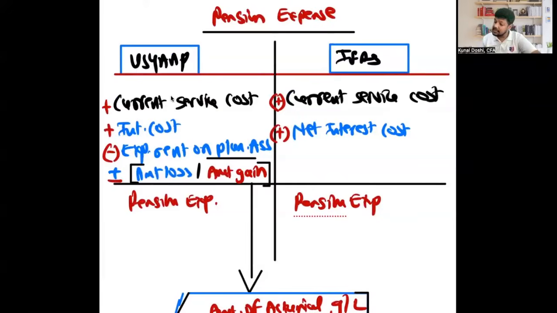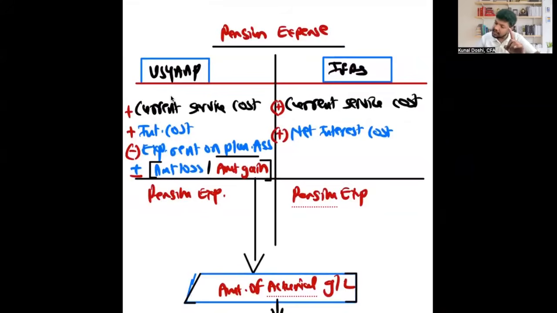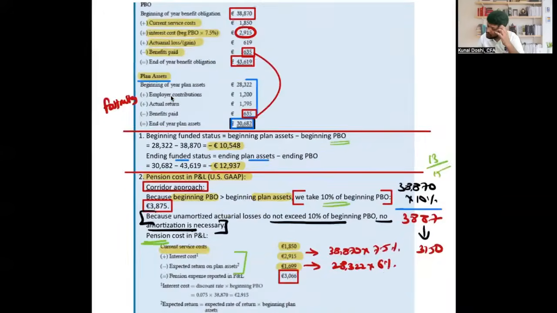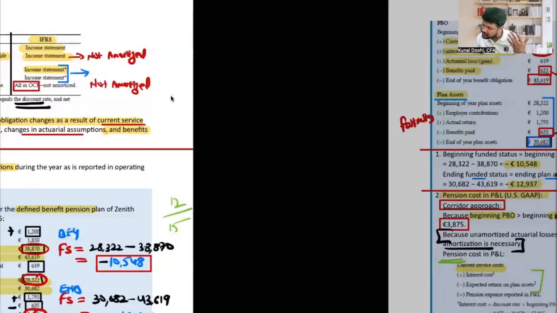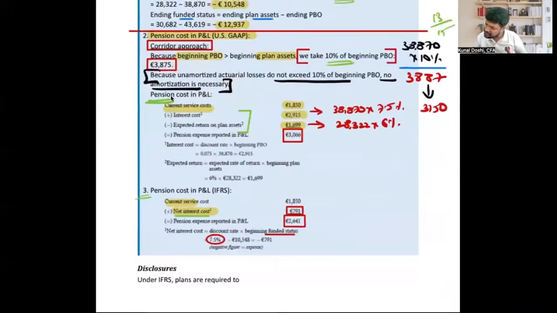This plus or minus any loss or gain. Now see this. This is where there is a minor difference between the two, which I want to show you. Where is that difference?